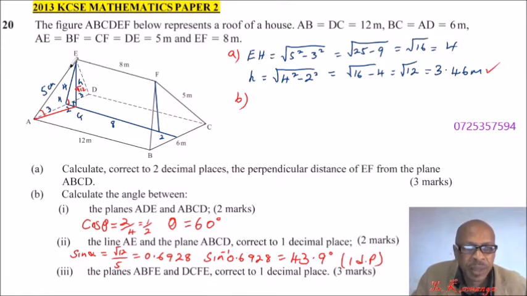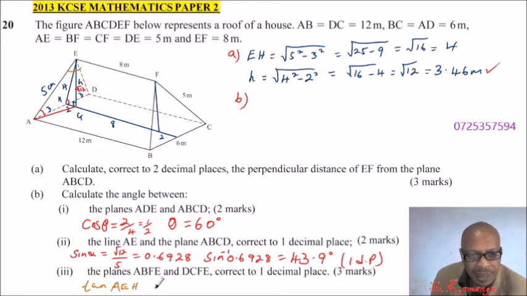The angle that we are required to find here is this angle AEH. Since we can calculate half of this angle, we multiply by 2, so we can say the angle AEH is equal to that angle multiplied by 2 so that we get the whole angle.